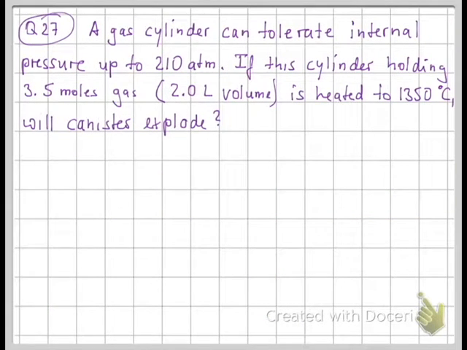Question 27. Another one of PIVNART, because we are working on moles. So that's kind of your immediate hint that you're supposed to work with the ideal gas law. P times V equals nRT, and that's the ideal gas law.